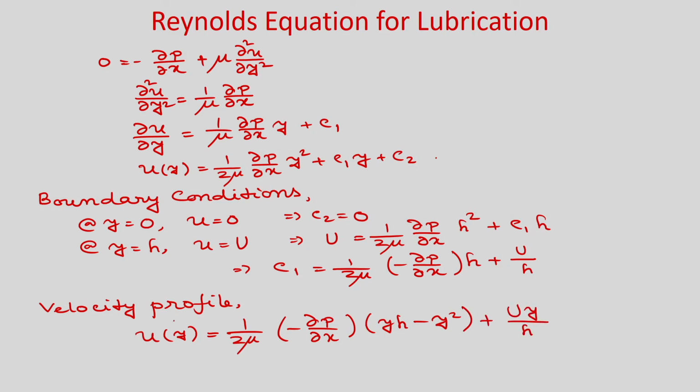You have already derived this velocity profile when we solved the exact solution for combined Poiseuille and Couette flow. You can see this is the superposition of two solutions. This is the solution from plane Poiseuille flow and this is the solution from plane Couette flow.